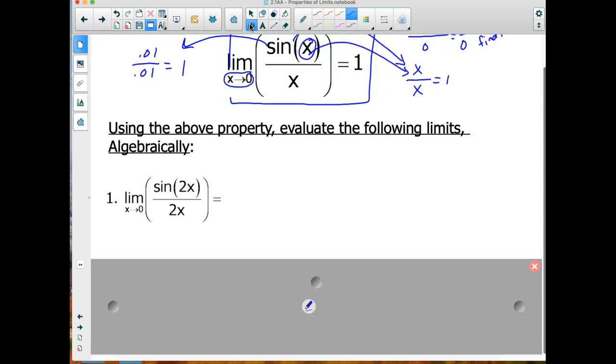We're thinking that this is going to equal 1. And it is going to equal 1 because the sine of 2x is virtually going to give me 2x as I get close to 0, over 2x. I can reduce those little rascals and I can say 1. Is it really? Well, let's check this out.